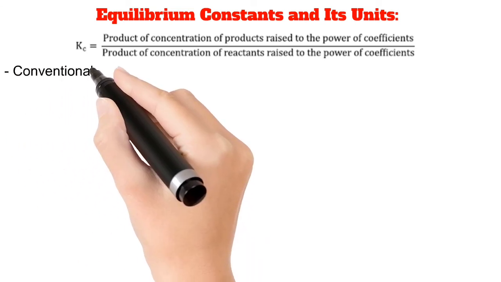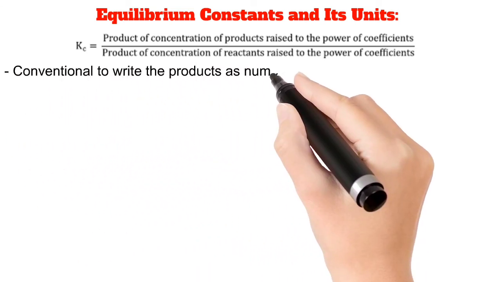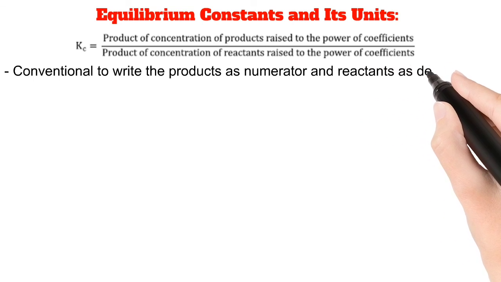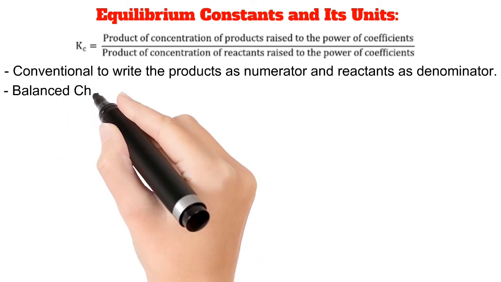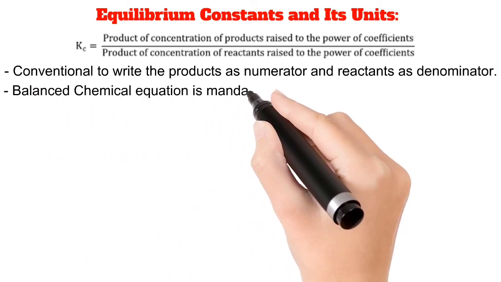This is the same formula, but it is just explained in words here. We conventionally write the products as numerator and reactants as denominator. There is no proper reason for writing products and reactants this way while writing a chemical equilibrium constant.